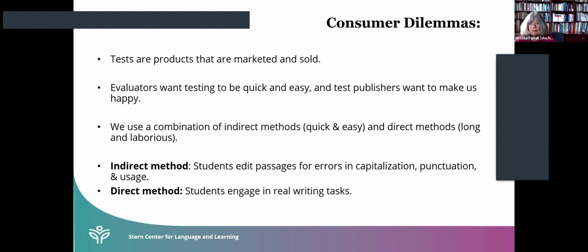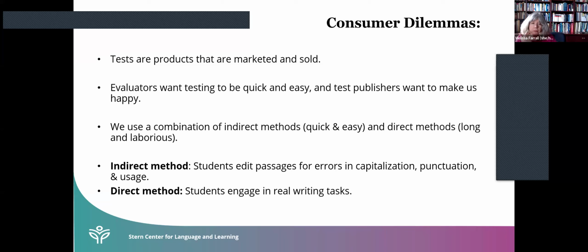We are all busy people, and we couldn't afford to spend like 90 minutes, 2 hours on scoring a writing sample. So the WIAT folks then came out with a short, quick and easy way to score those samples, and people were happier, right? And the talk kind of ceased. So anyway, as consumers, we want things that are relatively quick and easy, right? And test publishers certainly want us to buy their tests.